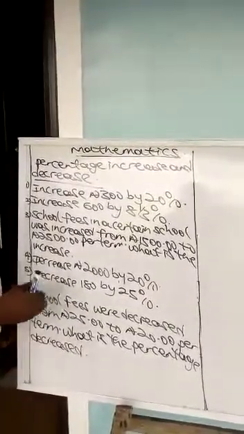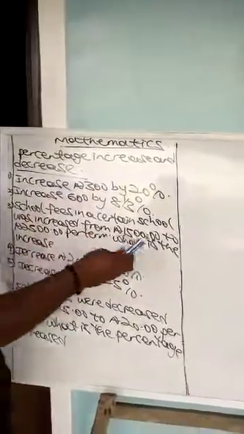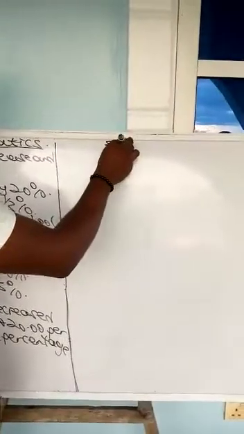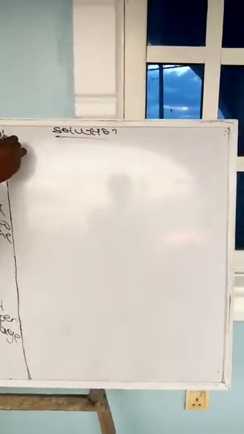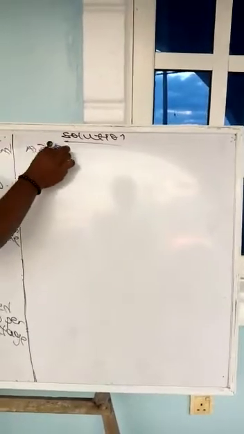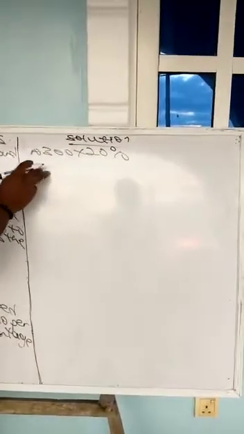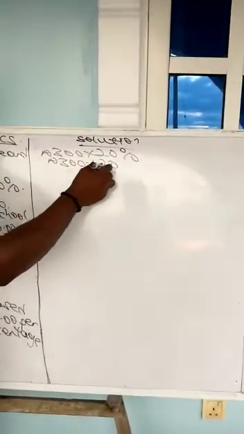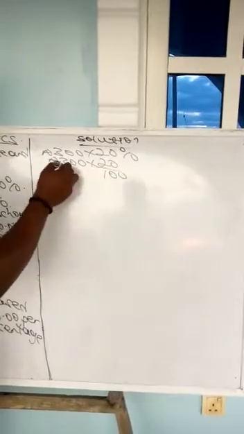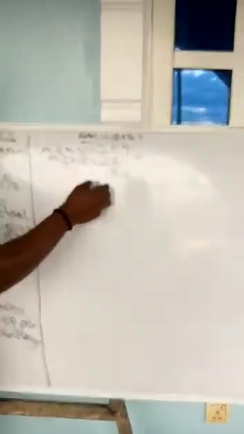In example 1, we are told to increase 300 by 20%. So what we are going to do, we have 300 times 20%. This is going to give us 300 times 20 over 100, then we have over 1. 0 can cancel out 0, 0 can cancel out 0.